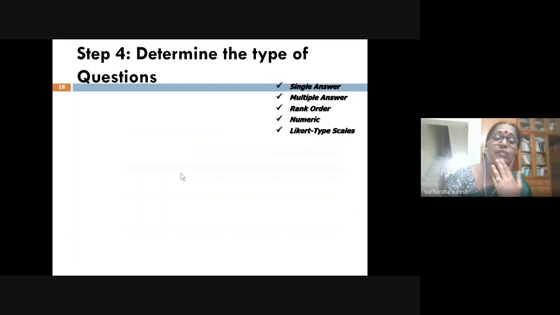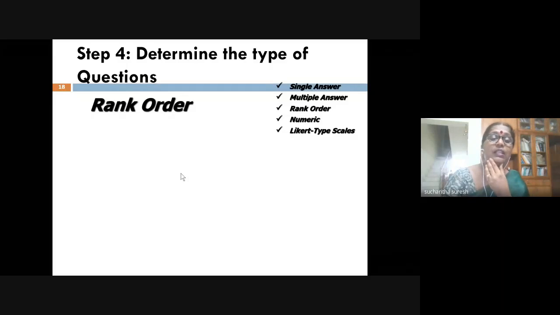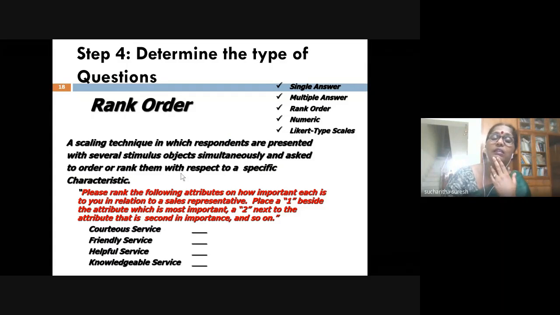Next one is rank order. How can we give rank order? Ranking means ranking of one item in comparison with the other. It is a scaling technique in which respondents are presented with several stimuli, meaning several questions, responses or objects, simultaneously, and asked to order or rank them with respect to a specific characteristic.